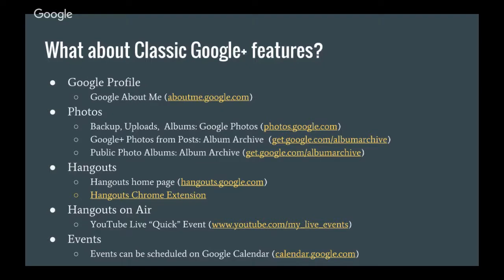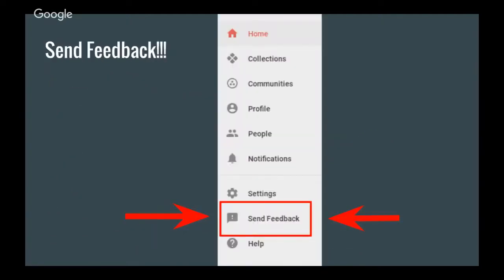There isn't really a replacement for events. So you're not going to see a one-to-one identical set of features on the new Google Plus, but there are alternatives if one of those things is what you want to do. And if you have questions, please just ask. Otherwise, send feedback.